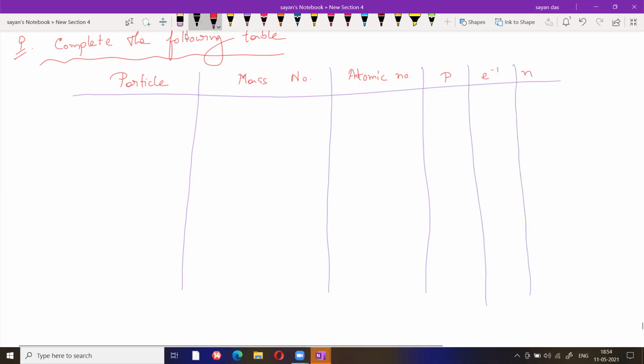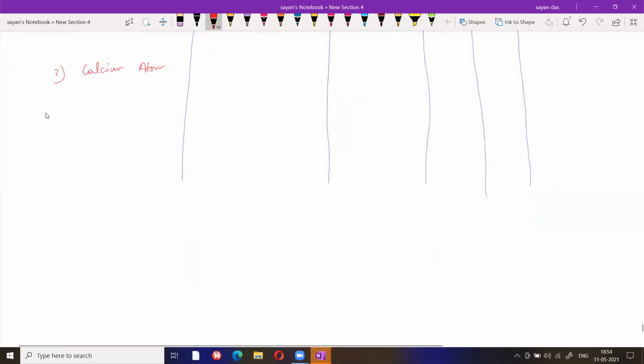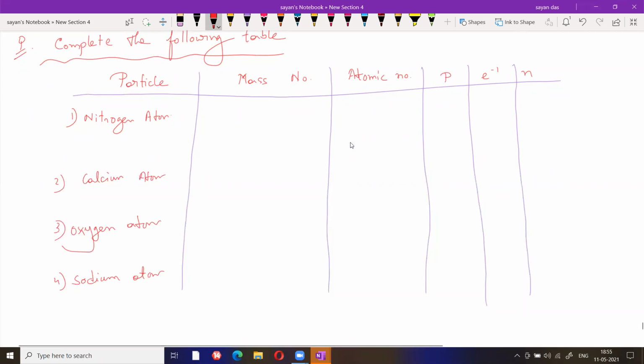The name of the element is given. First one is a nitrogen atom. Second one is a calcium atom. Third one is an oxygen atom. Fourth one is a sodium atom. Okay. Now what is given?